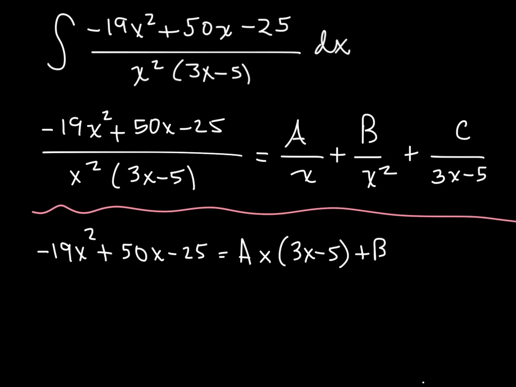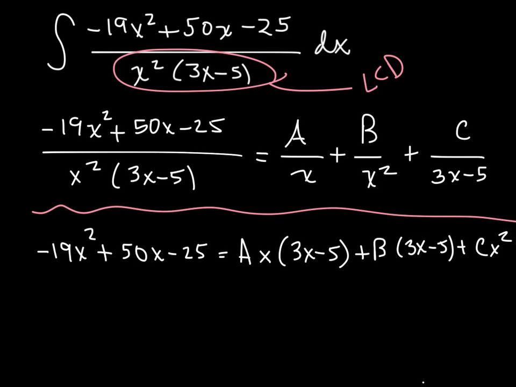Plus the B already has an x squared, but it needs a 3x minus 5. And then plus C is missing an x squared. So that's what's called clearing the fractions. Basically, we're multiplying every single thing by the least common denominator.